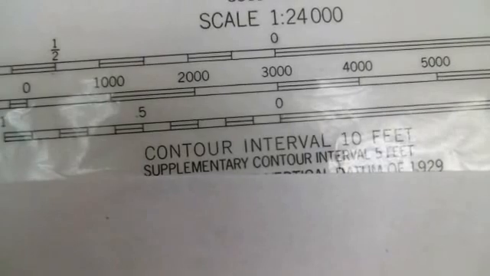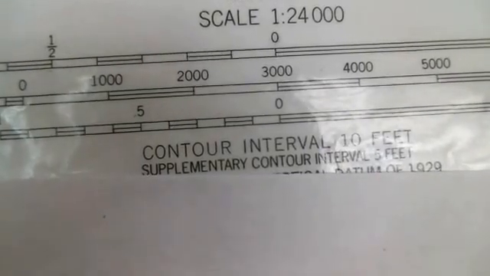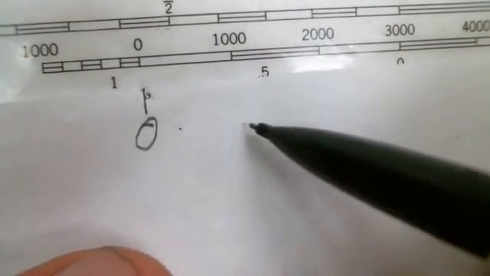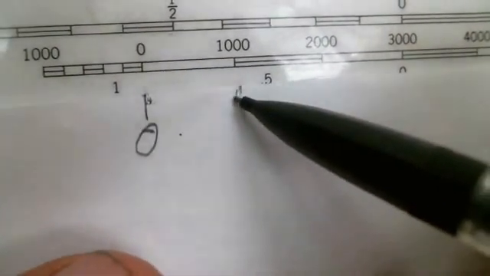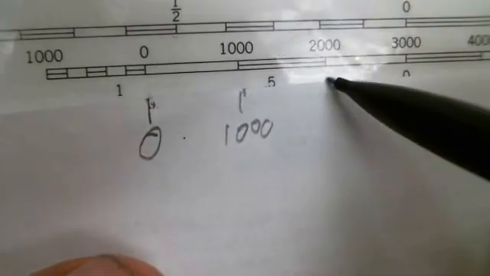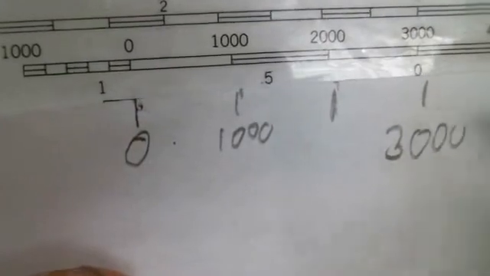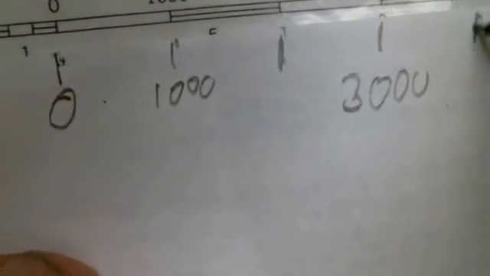I'm going to copy that. So I line up, and here's my 0 mark, and then 1,000, 2,000, 3,000, 4,000, 5,000.